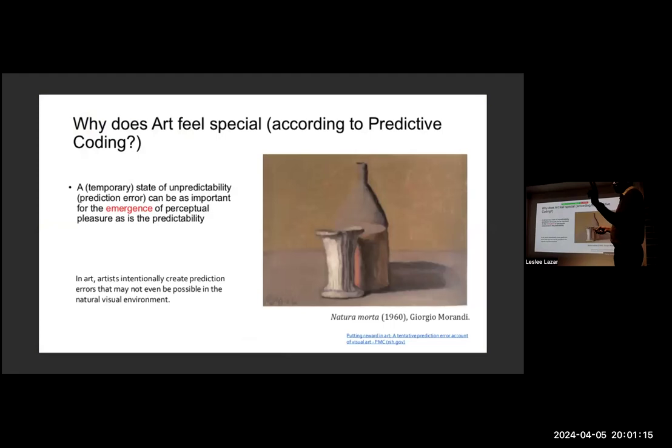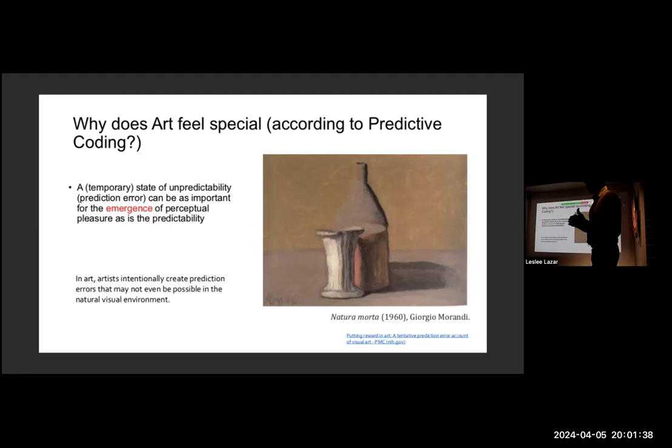So now we understand how normal perception works, right? You have a model, you have input coming in, and you check. Now we'll try and see why this art feels special, right? There's a temporary state of unpredictability while the prediction error is happening. When we were trying to figure out what's going on, there was this period of uncertainty, right?